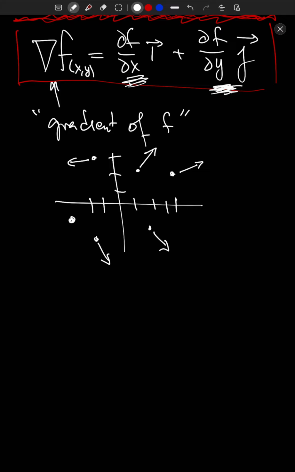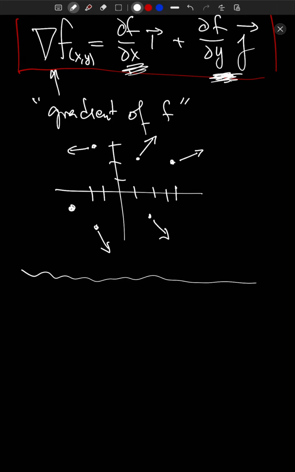So again, at every point in the plane, we have a vector. And that's exactly what we will be calling a vector field in the future. This is probably the most important vector field that we're going to be working with in this class, but we'll see there's lots of different interesting vector fields.